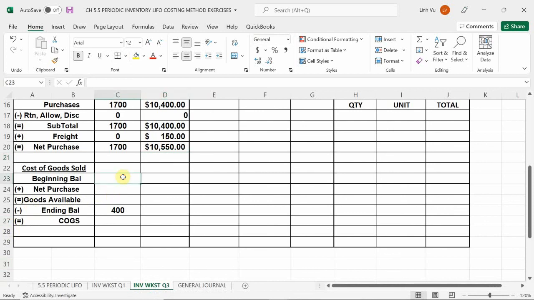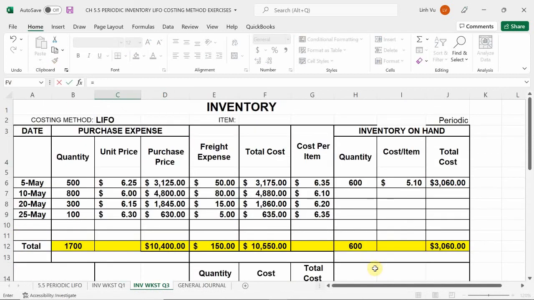This is the section where I do have beginning inventory. At the end of the accounting period for my previous one, I ended my inventory on April 30th with 600 units. But if I'm going to begin my accounting cycle as of May 1st, your ending will eventually become your beginning.